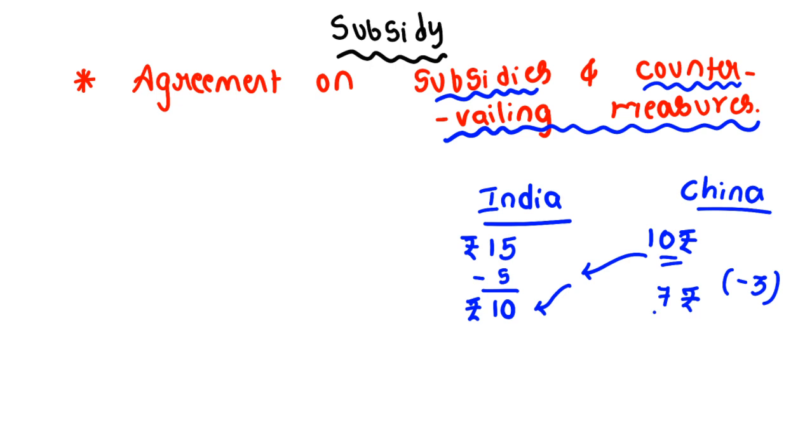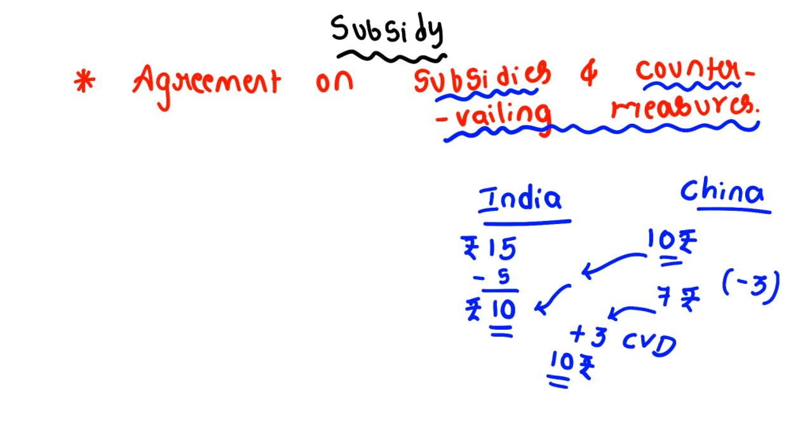The product will come at 7 rupees for India, and India will add 3 rupees as countervailing duty, and ultimately the price may come back to 10 rupees as earlier. So the 10 rupee product of India and the same 10 rupee product of China can compete now. So this is the countervailing duty.